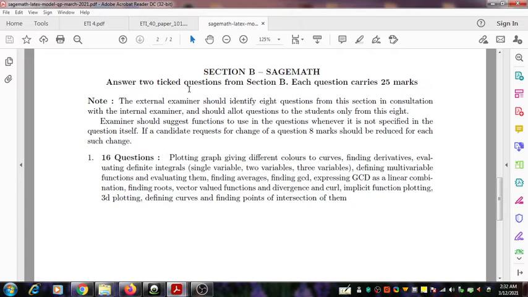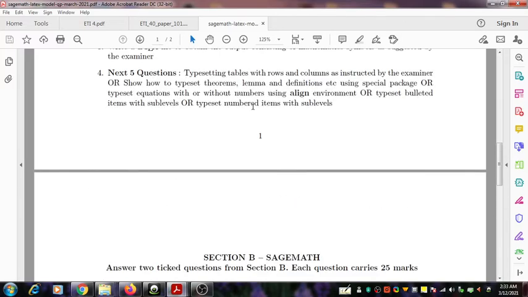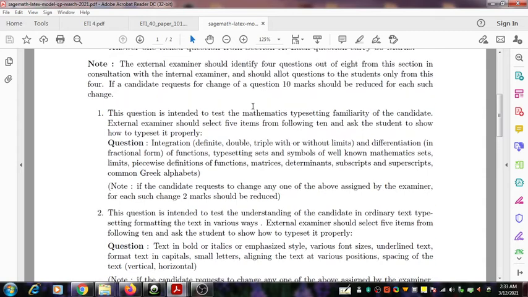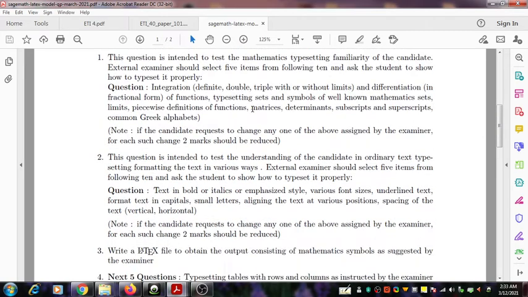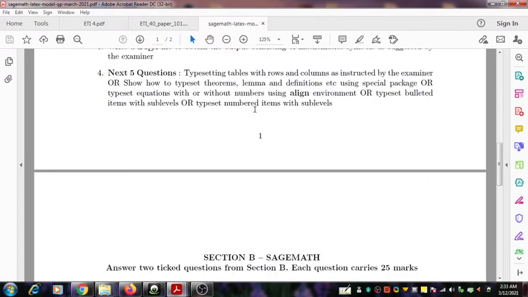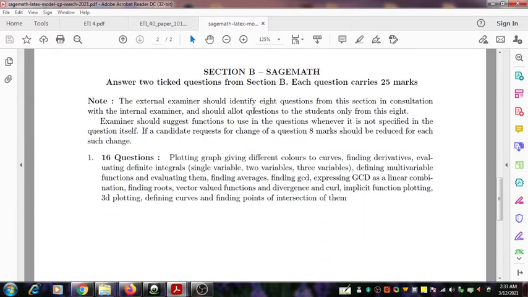Out of these 8 questions, you need to answer only 2 questions, and each question carries 25 marks. So the total marks from the SageMath section is 50. Plus the first part gives 30 marks, and in total you can score 80 marks.